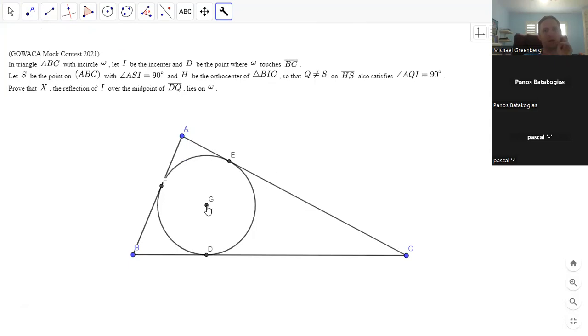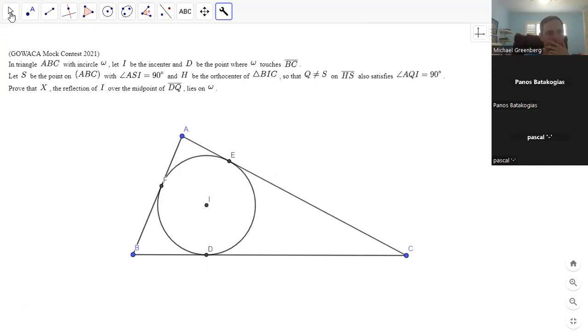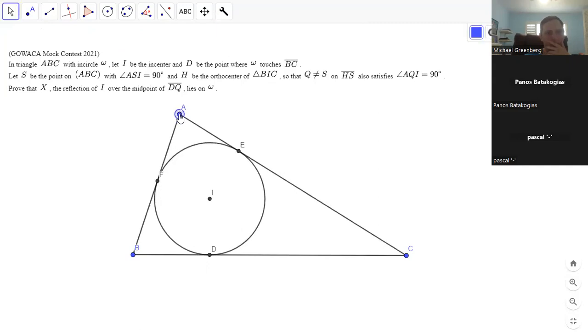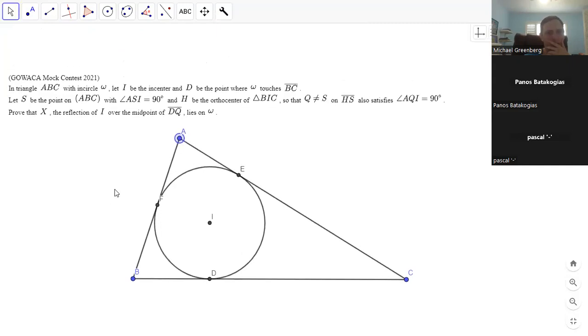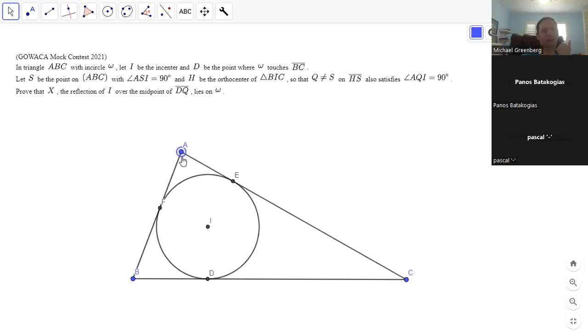So let's call its center I. And then we have a point S on BC where angle ASI is 90. This kind of concept looks familiar, or H is the orthocenter of BIC. So I think the orthocenter of BIC makes a parallelogram with the A-excenter, if I remember.